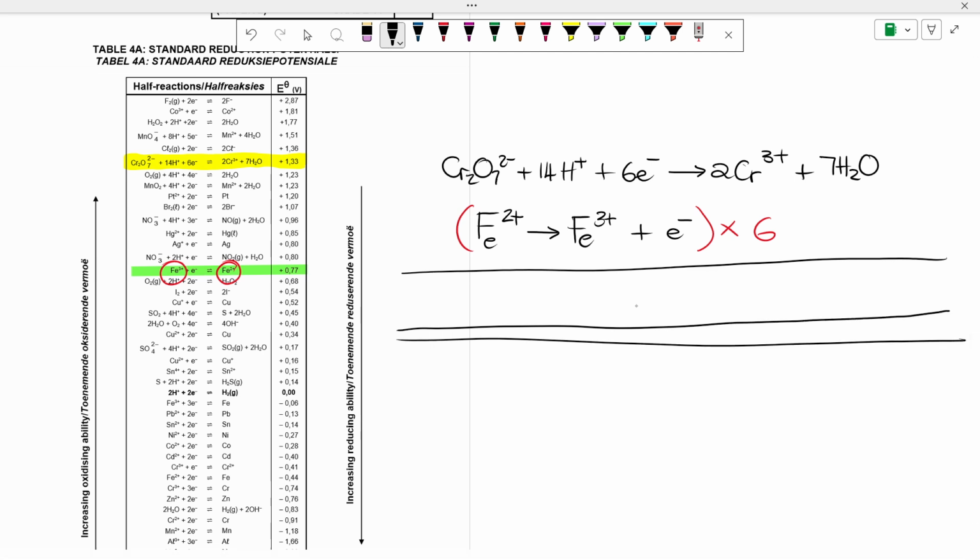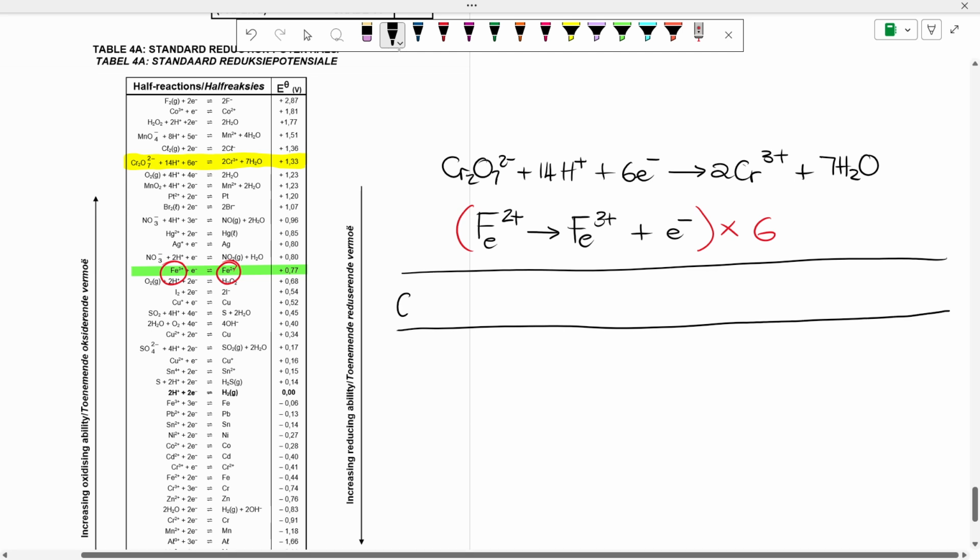So it's going to be Cr2O7 2 minus, it doesn't matter which one I start with, and I'm just gonna add everything, plus 14 H plus, then it's gonna be 6 Fe 2 plus, and then this becomes 2 Cr 3 plus 7 water molecules plus 6 Fe 3 plus.